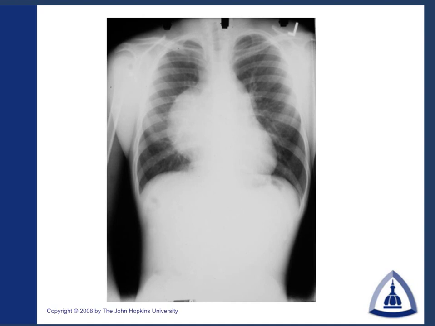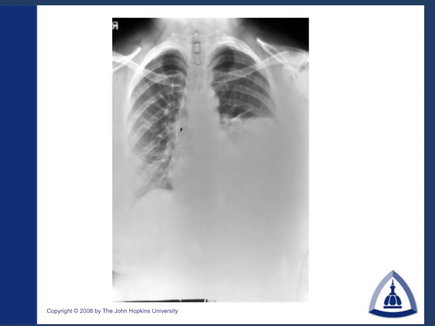If I had the lateral, we would see that this is an anterior mediastinal mass. This is a young person with a thymoma that's grown. And remember that anterior mediastinal masses are the terrible T's, right? So thymomas, teratomas, T-cell lymphomas, those sorts of things. And this just happens to be a patient with a thymoma.